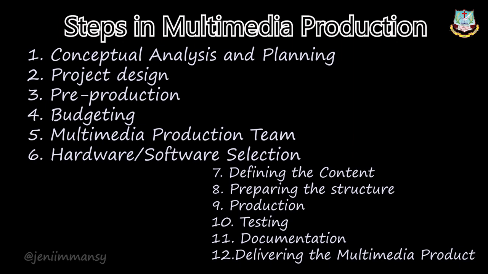Then pre-production. Next one is budgeting. Then the multimedia production team, then hardware or software selection, defining the content, preparing the structure, production, testing, documentation, delivering the multimedia product. We'll see the brief explanation of the steps in multimedia production in the next session.